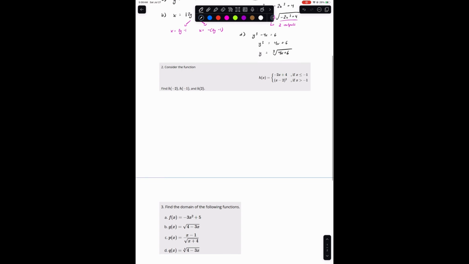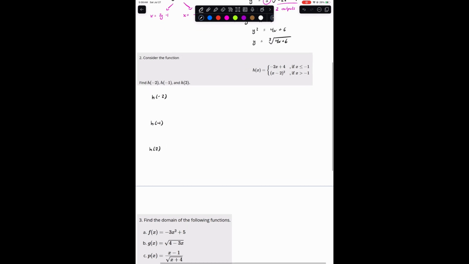For the second problem, we have a piecewise function and we need to find the following values: h of negative 2, h of negative 1, and h of 2. So h of negative 2. We look at the branches here: one for x less than or equal to negative 1, and another for x greater than negative 1. First, we look at our x value and ask what range it is within.